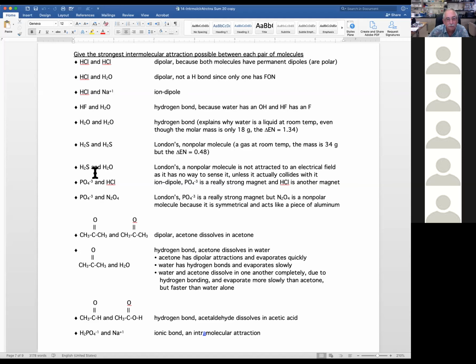The strongest attraction possible is London's. They're not going to be attracted to each other unless they actually bang into each other. So here's an ion in a dipole. Here's an ion in a nonpolar molecule. This is simply London's.